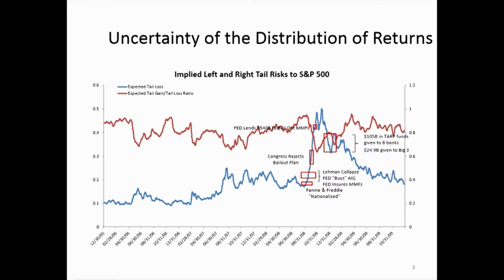What I'm trying to articulate is that markets have information. Prices have information, and those prices are very valuable to really understand what people are worried about and how they're pricing these particular risks.